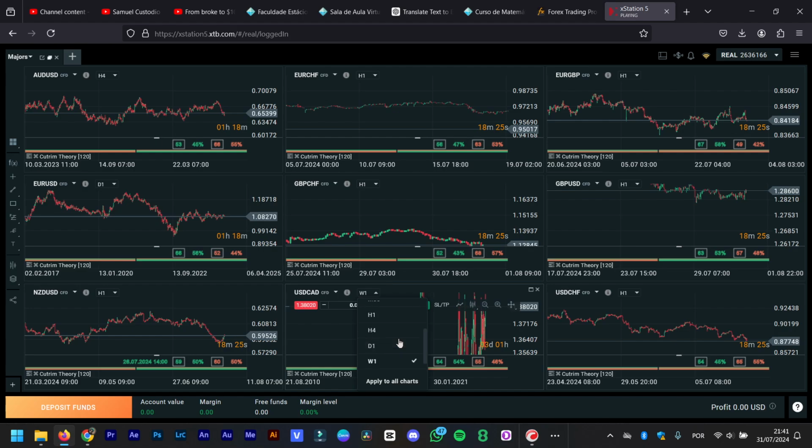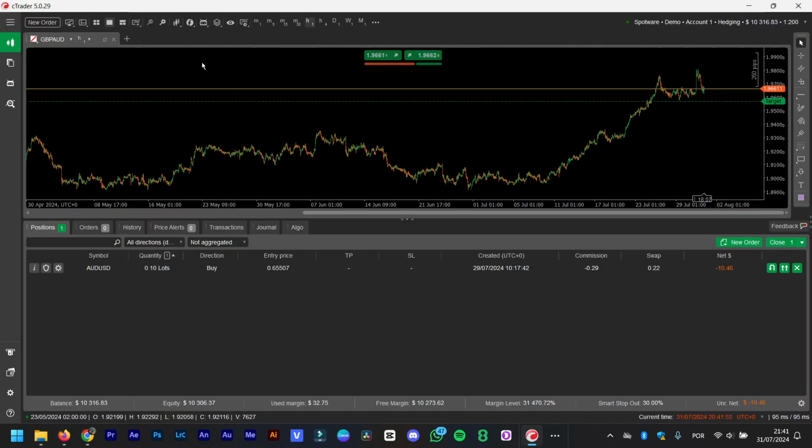All right, I have USD CAD on H4, which is a little unbalanced, and also I have this top. There's the bottom and the top, and I'm going to place a selling position here, at this resistance right here. Okay, USD CAD. Let's go ahead and open USD CAD.